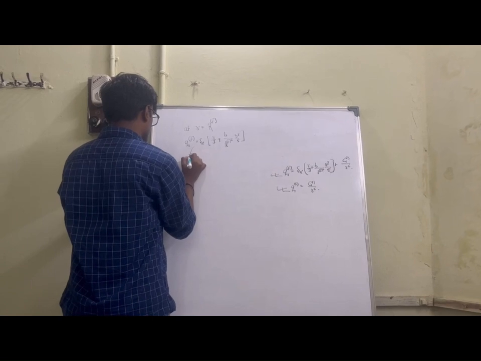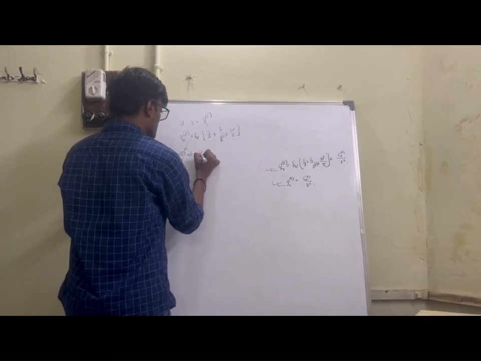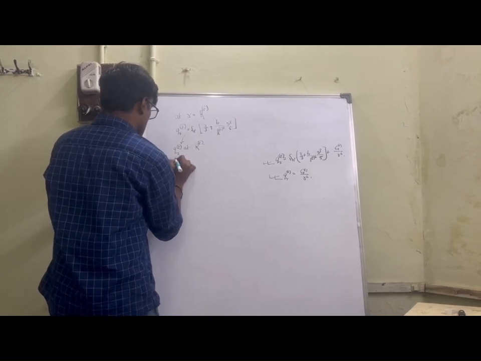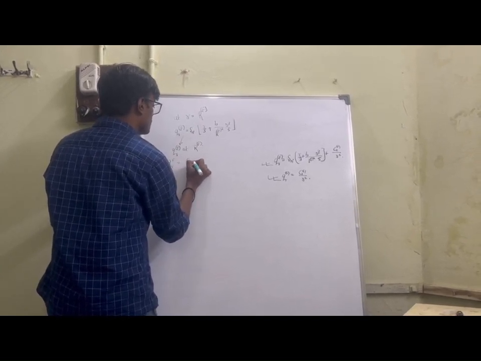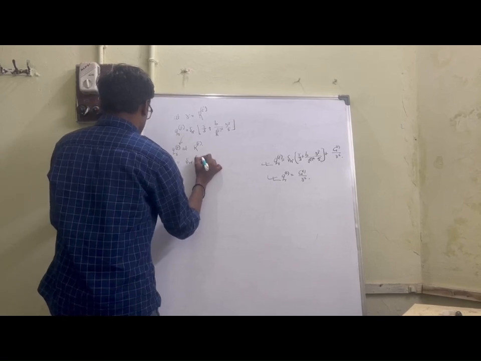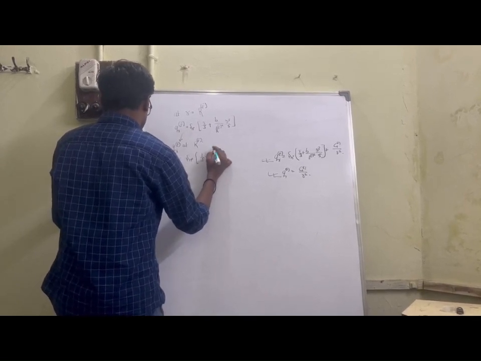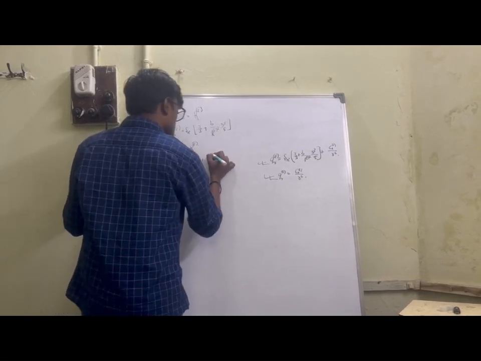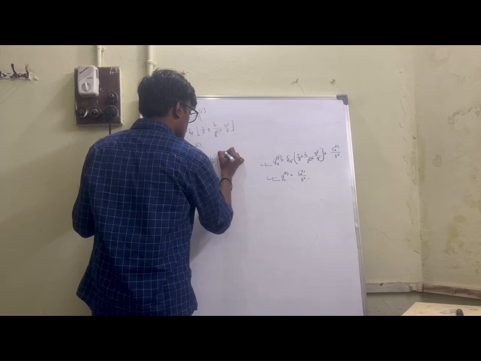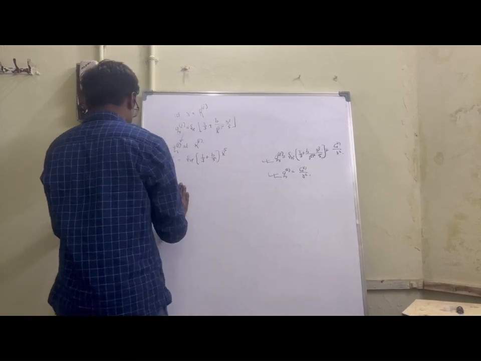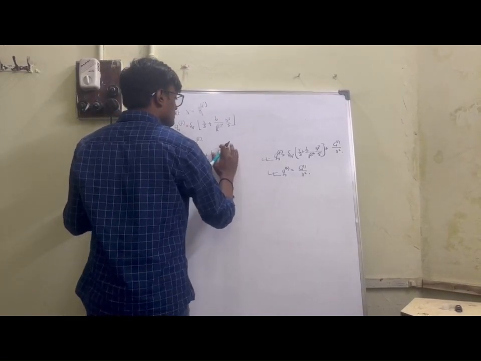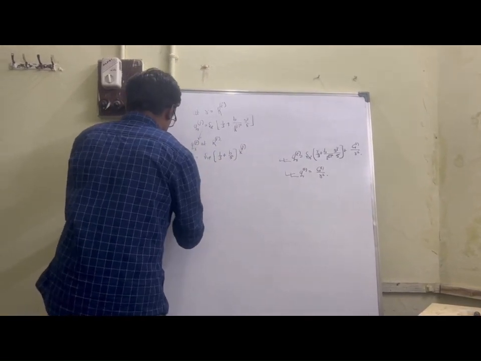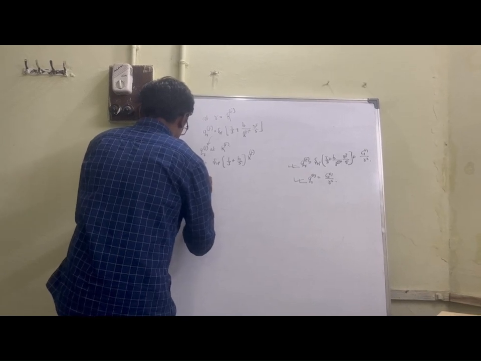At RF, QRF is equal to the Sn naught 1 by 3 plus B by 5 R to the power 5.